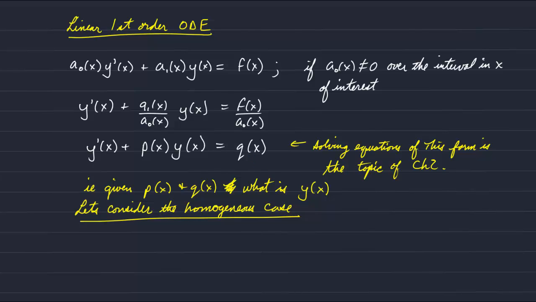So the general homogeneous first order linear ODE is y prime of x plus p of x times y is equal to 0. And this is the focus of the rest of this video.